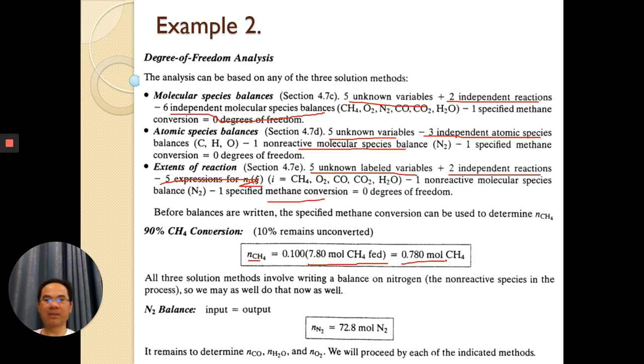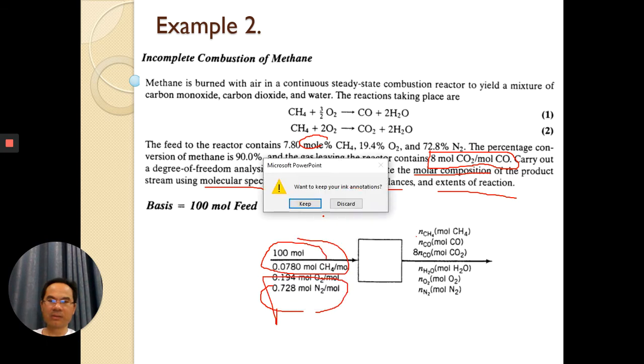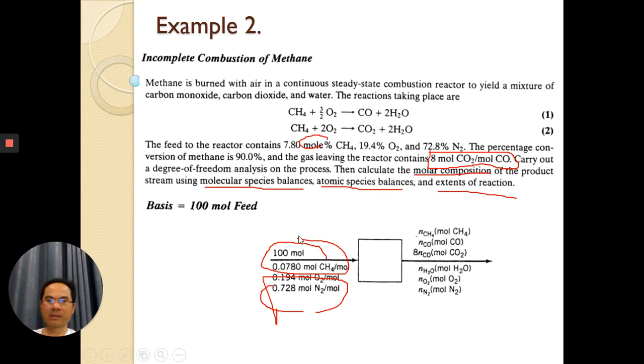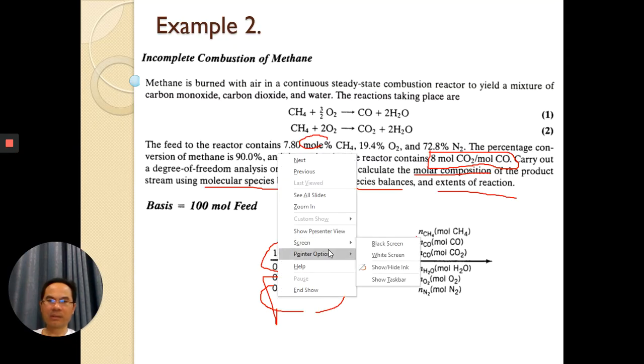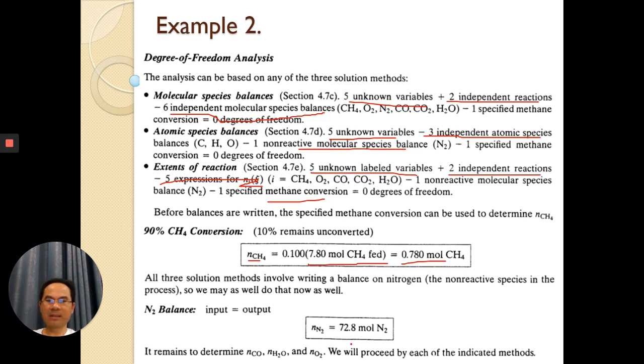Nitrogen input is 0.728 multiplied by 100, you get 72.8 mole nitrogen.